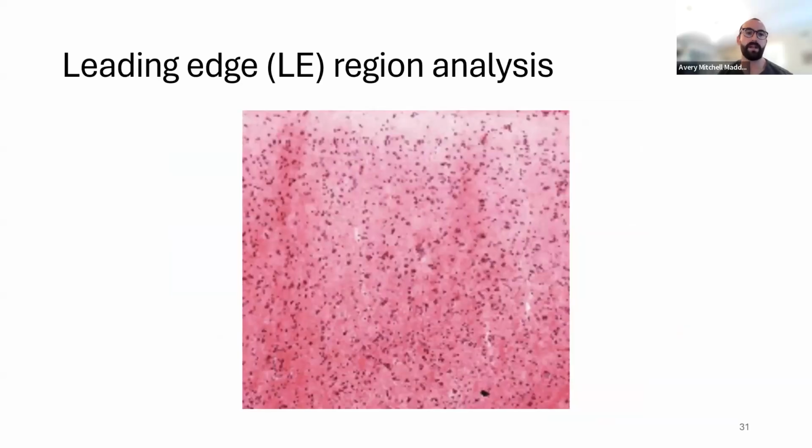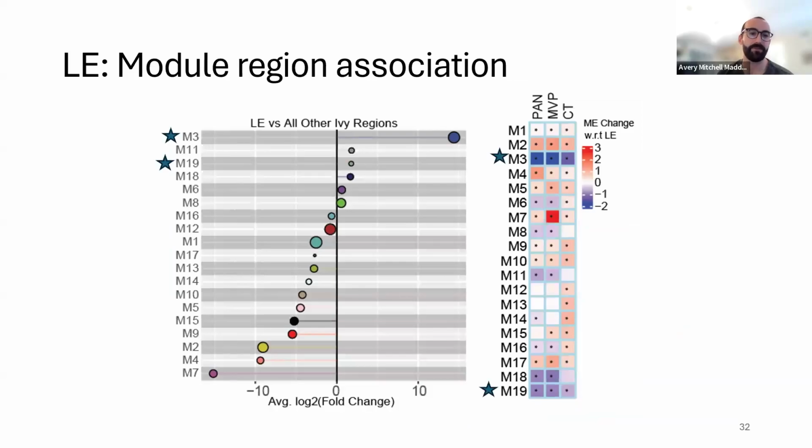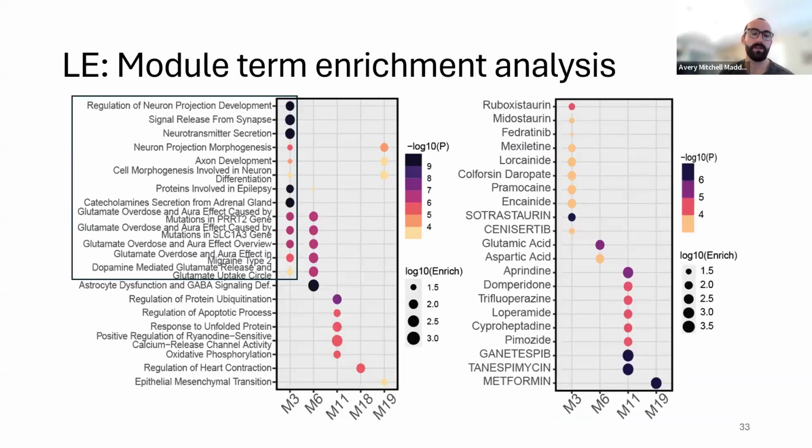So finally, we'll conclude with our last region, the leading edge. Here we have two upregulated modules, M3 and M19, that are upregulated in the leading edge in relation to the other three histologic niches. M3 is related mostly to neuron projection development and neurotransmission.